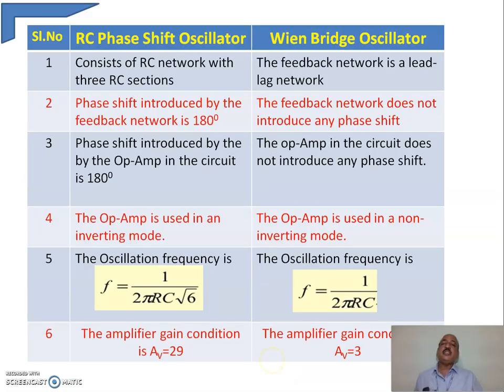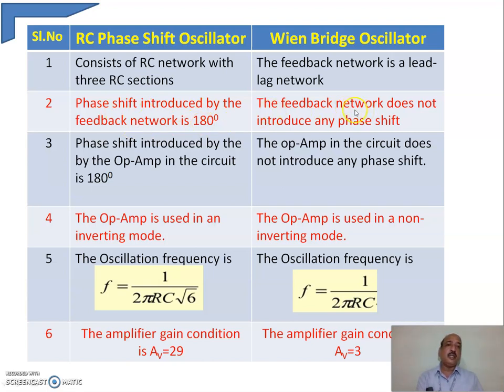If we see the difference between the RC phase shift oscillator and the Wien bridge oscillator: the RC phase shift oscillator consists of an RC network with 3 RC sections. In the Wien bridge oscillator, the feedback network is a lead and lag network. In the RC phase shift oscillator, the phase shift introduced by the feedback network is 180 degree.